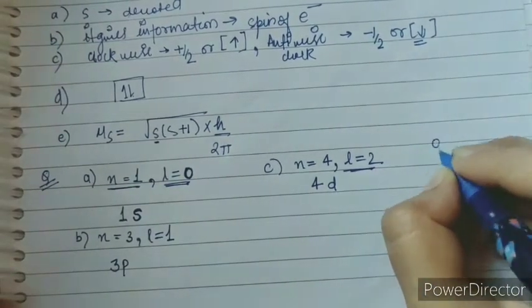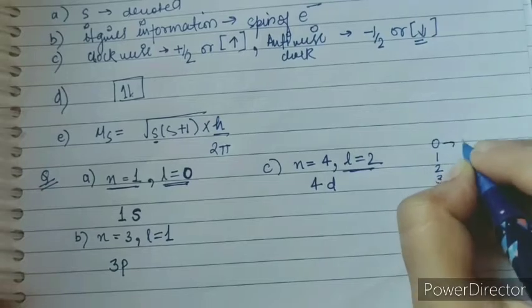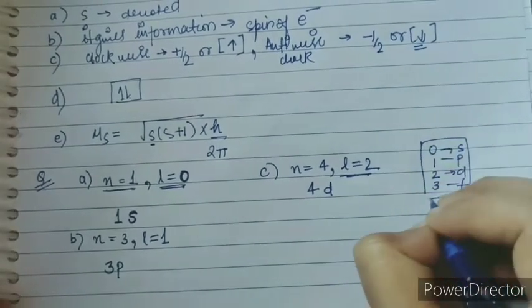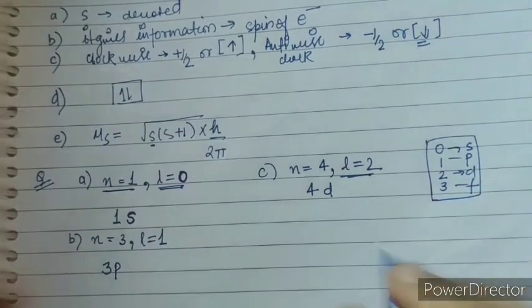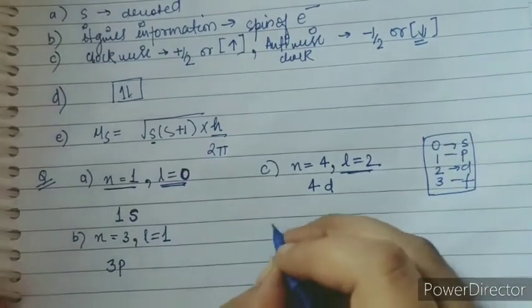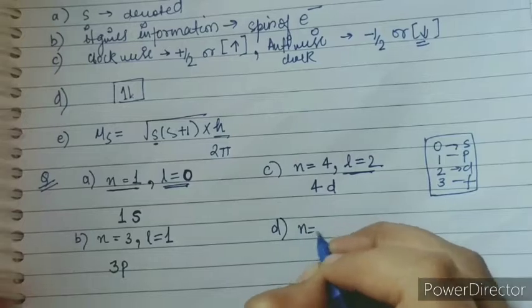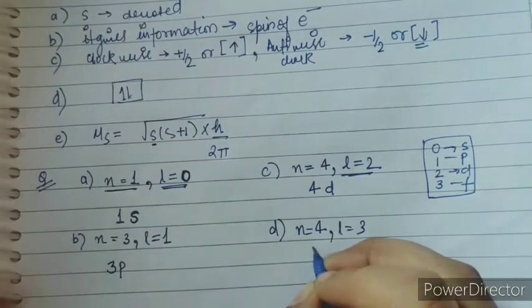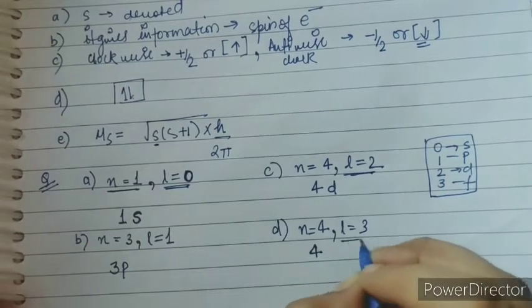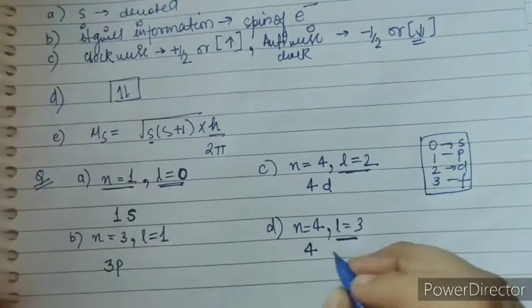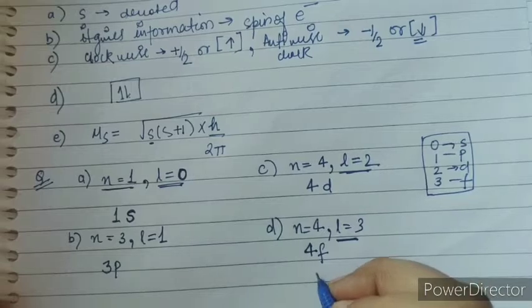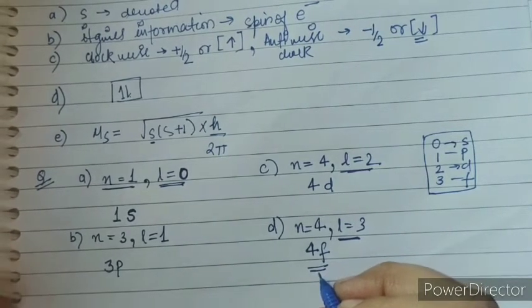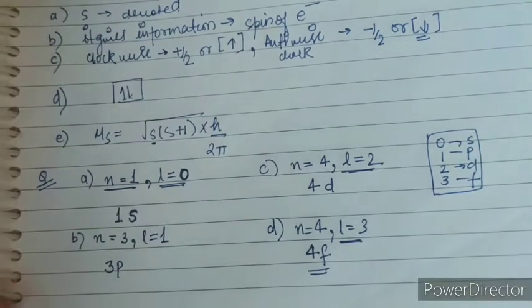We know that 0, 1, 2, 3 correspond to s, p, d and f, the notations for all the l values. Similarly, the last is n equals 4 and l equals 3, meaning principal quantum number is 4 and 3 is f, so it will be 4f. So these are some simple questions based on quantum numbers. We will take another example also.